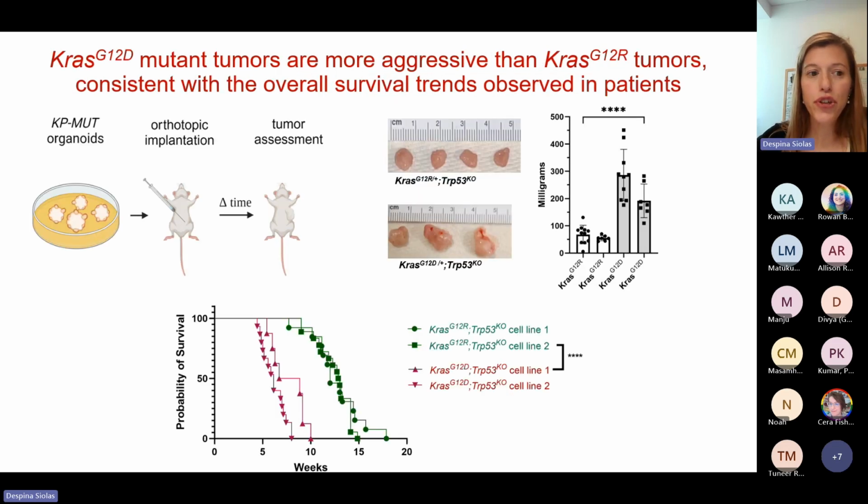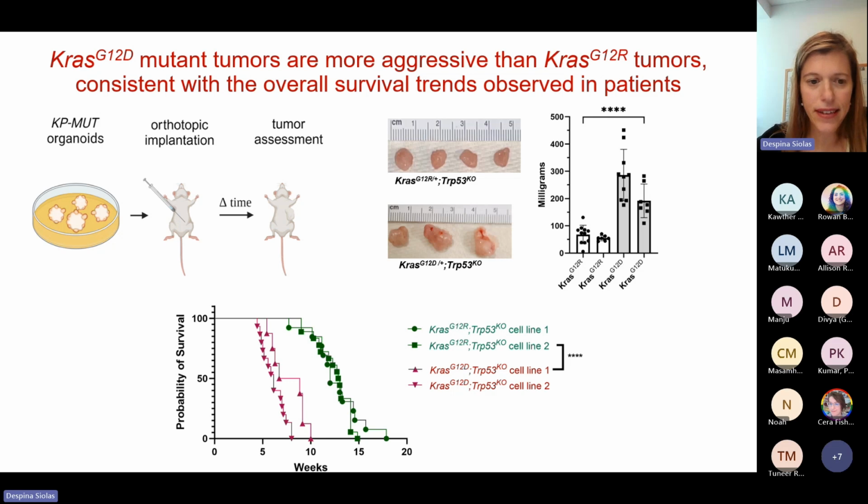But if we took our KRAS P53 mutant cell lines, put them orthotopically into the pancreas of a mouse, and then waited to see if tumors form, what we found was that the G12D tumors are more aggressive, they grow faster, they're bigger tumors than the G12R tumors.